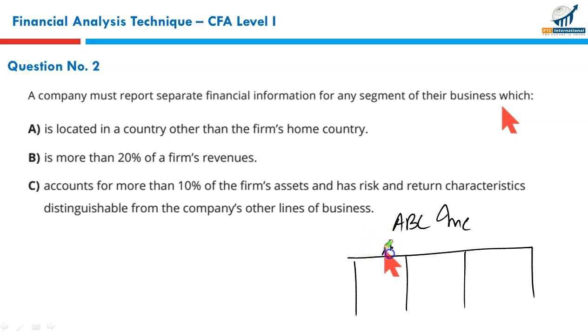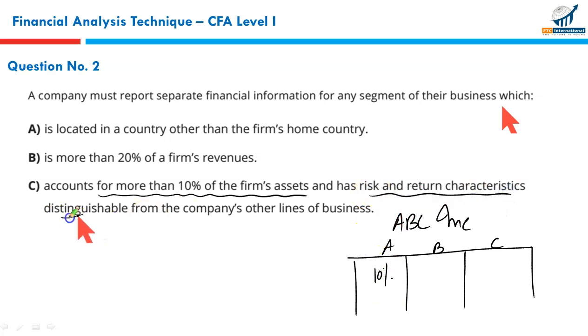So such segments, as per the US GAAP, are required to be reported separately. The requirement given in the standards is that segment, that division should account for more than 10% of the firm's assets.